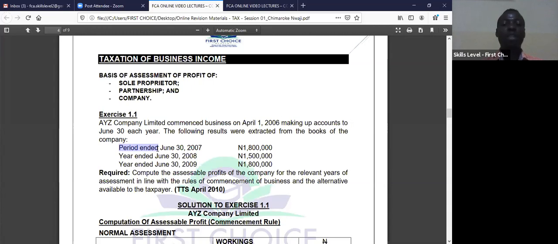It's either shorter than 12 months or longer than 12 months. So they will use the word period to show that this is not exactly 12 months. Now, when you see year ended or year to, this is exactly 12 months. So these are the things you should know.